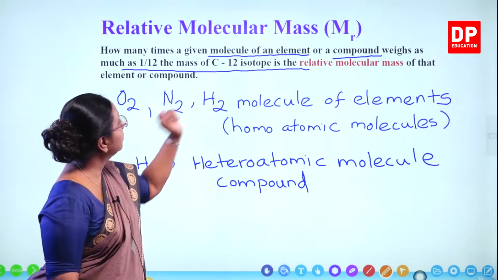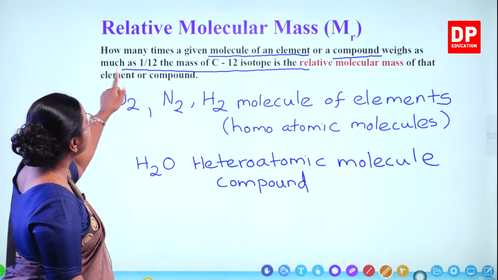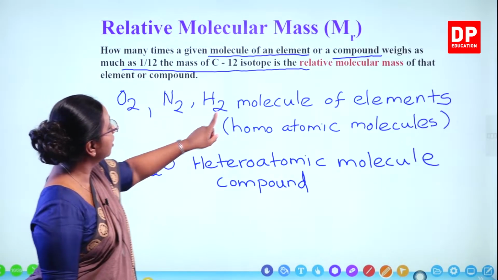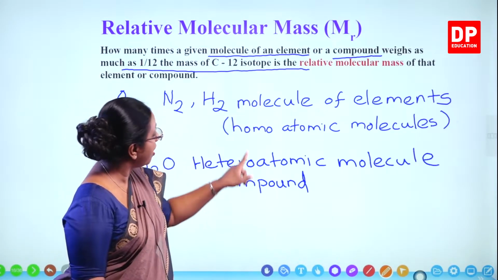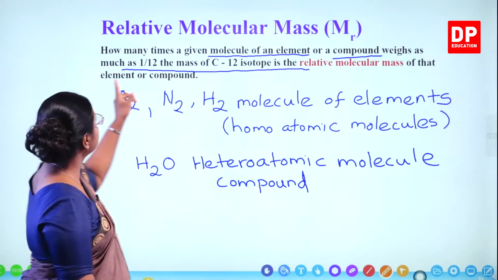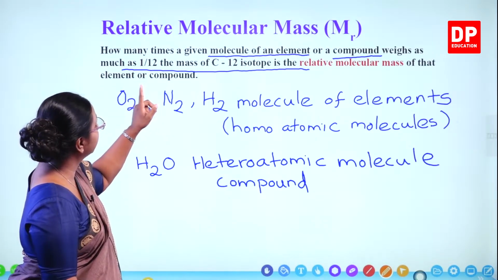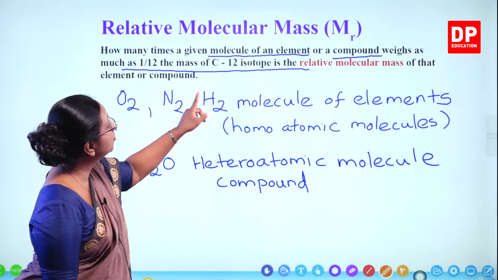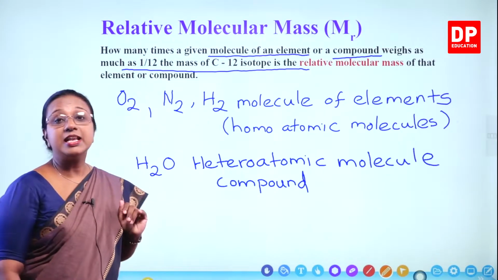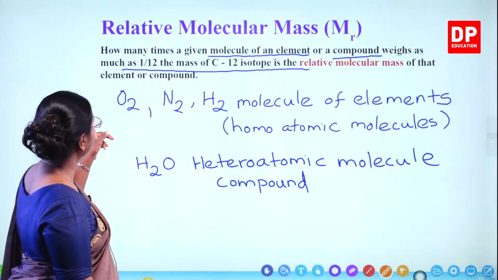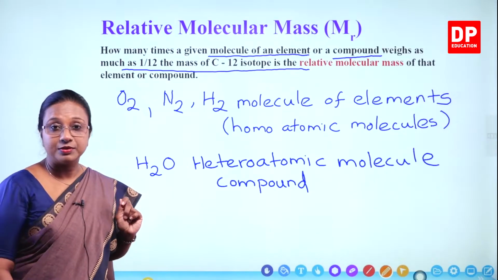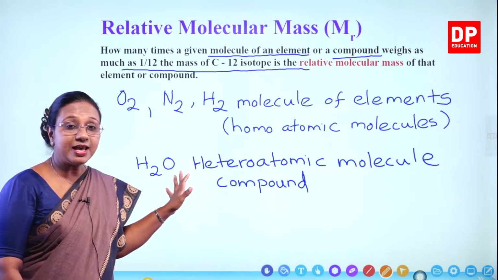That is why we define it as how many times a given molecule of an element or a compound weighs as much as 1/12 the mass of carbon-12 isotope is the relative molecular mass of that element or compound. Can you all understand that?